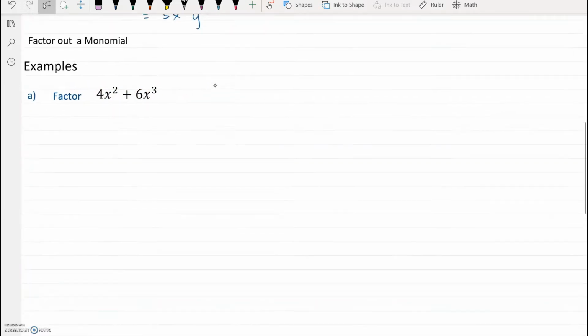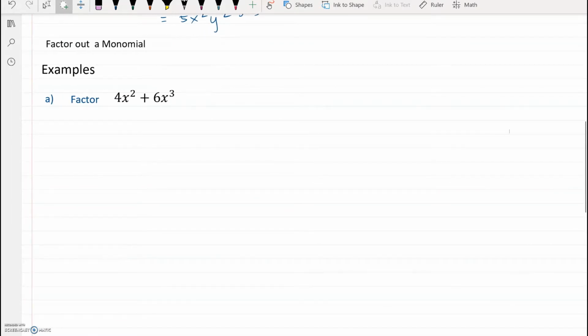So what we have done before is writing prime factors for each monomial. So 4x squared, that is 2 times x times x. And for 6x cubed, that is 2 times 3, and then times x times x times x.